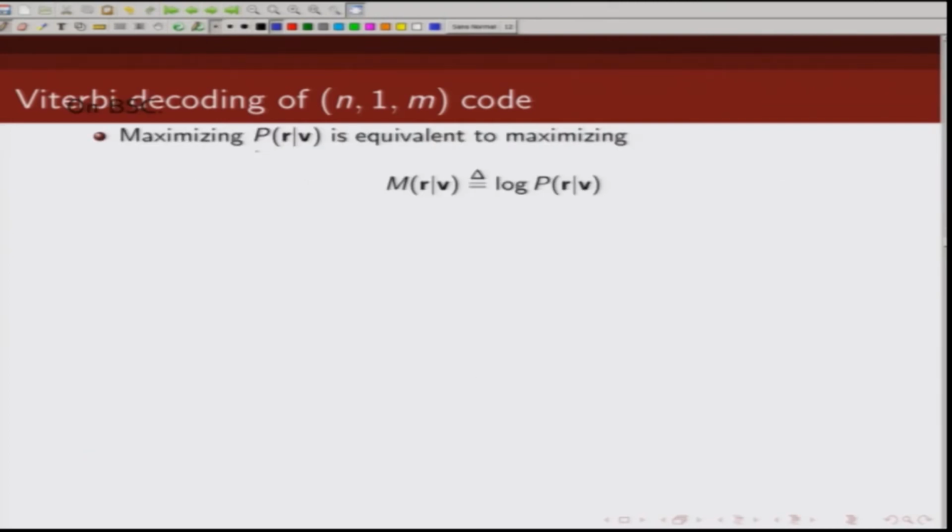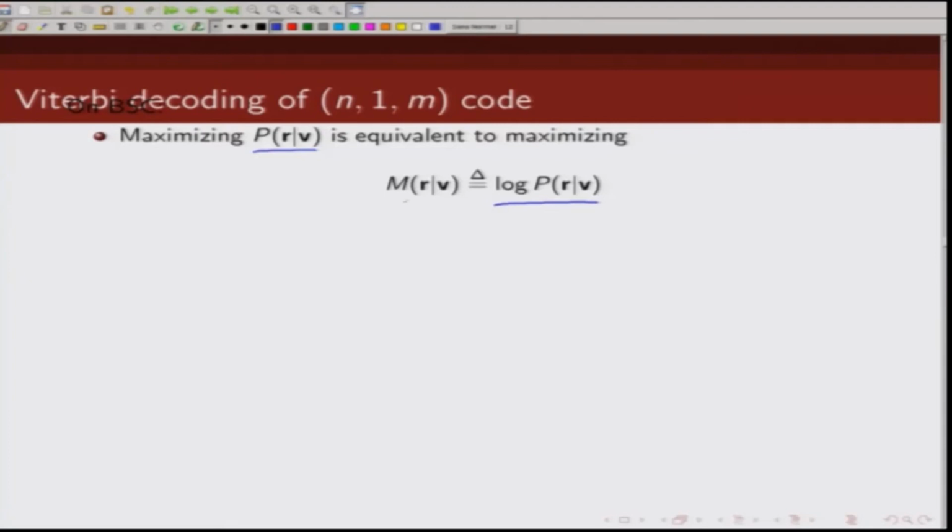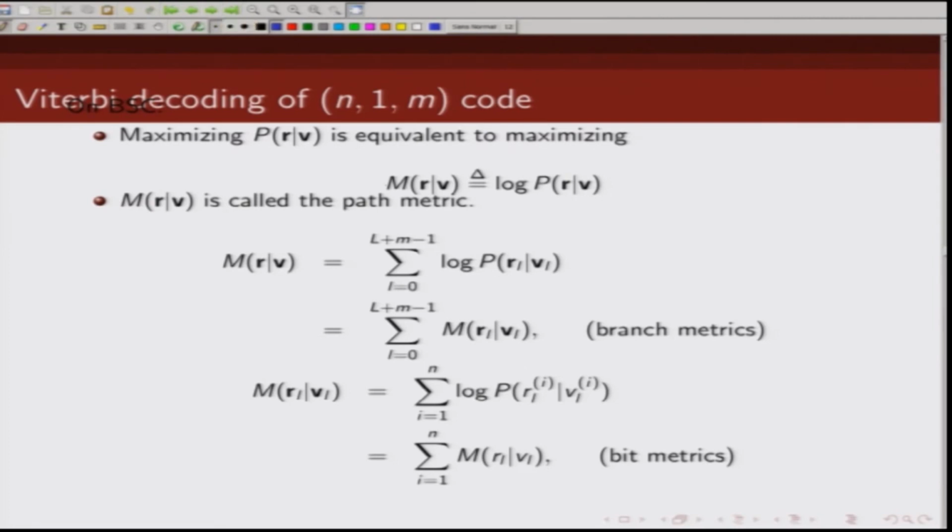Now, maximizing this likelihood function is equivalent to maximizing the log of the likelihood function. Why? Because log is a non decreasing function. So, we can equivalently write our objective as maximizing the log of probability of R given V. And this we call the path metric. Now, how do we compute the path metric?